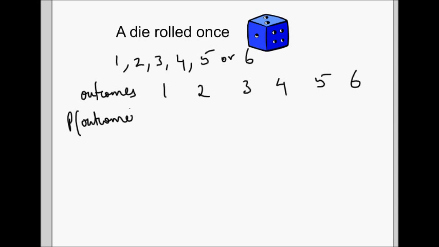I can make a table of this. The probability of getting a 1 is 1 over 6, the probability of getting a 2 is again 1 over 6, a 3 is 1 over 6, a 4 is 1 over 6, and 1 over 6 everywhere. So this is a table which has the probability of each outcome.